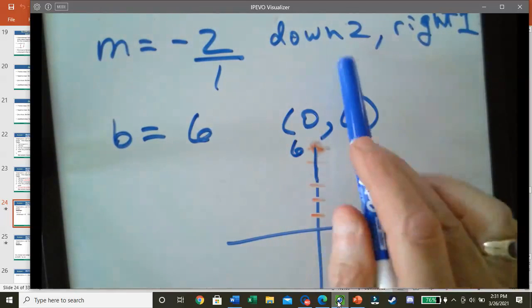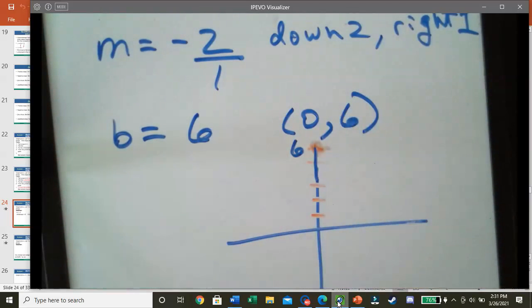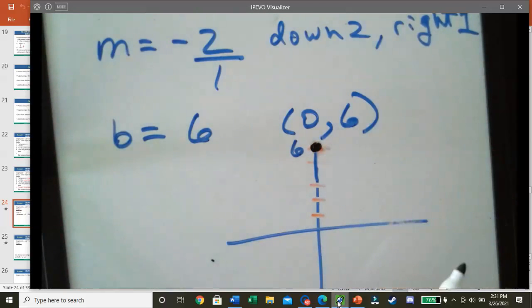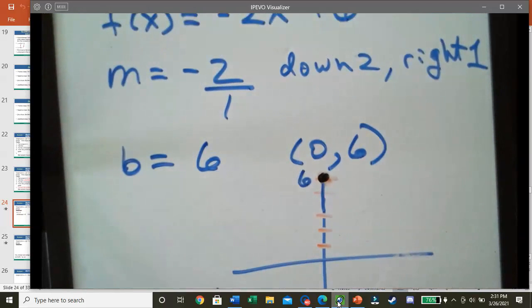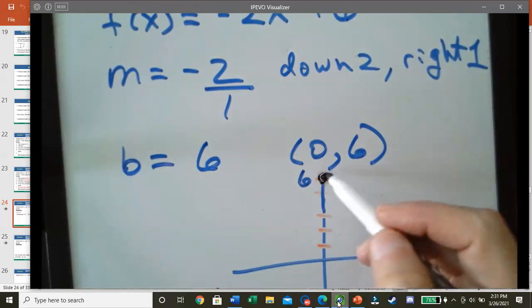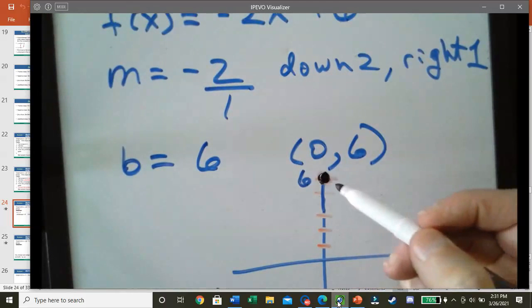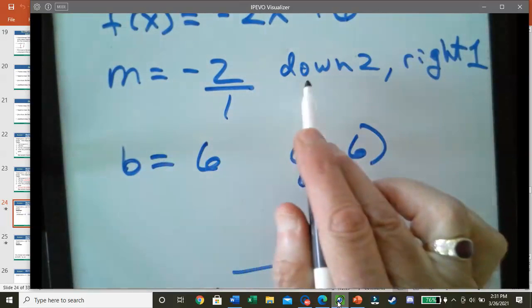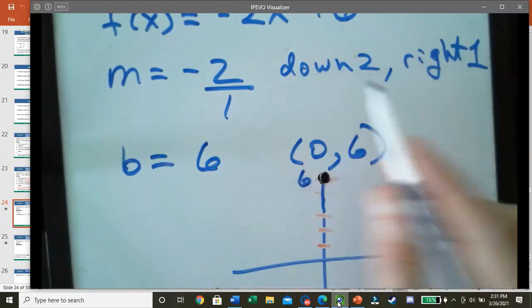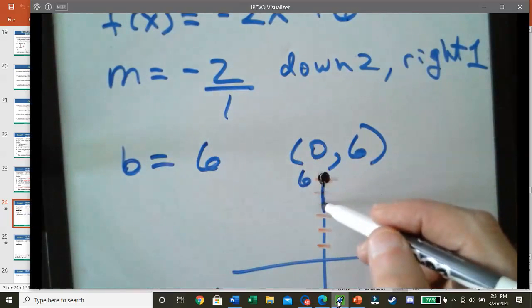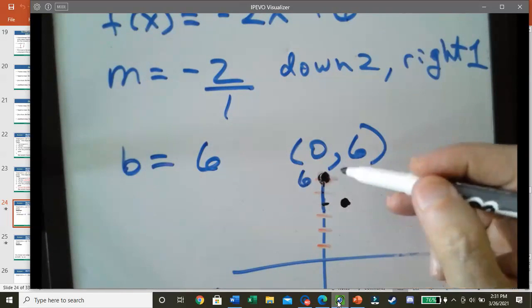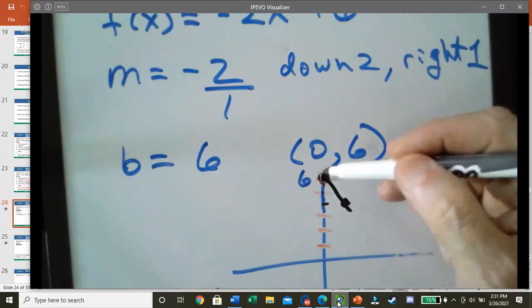From this point, the y-intercept, plot that point. To get the second point, you use the motion of your slope: down 2 and right 1. And so that's your slope.